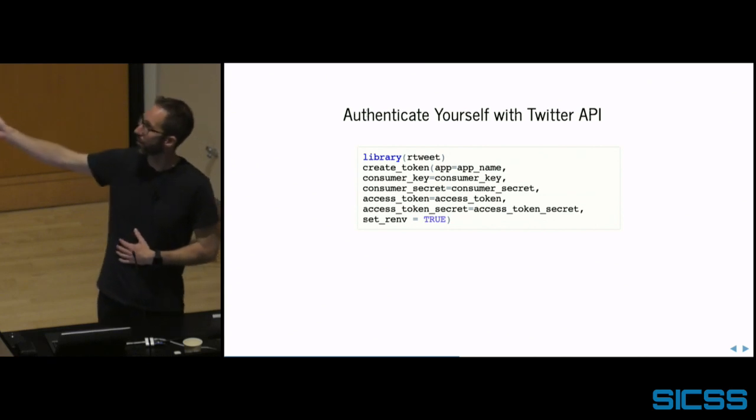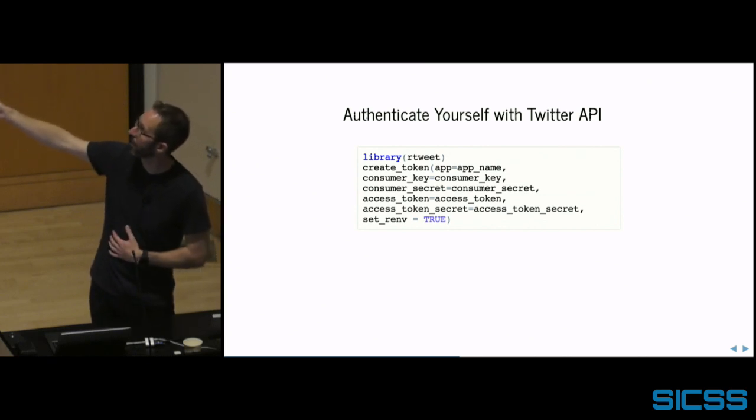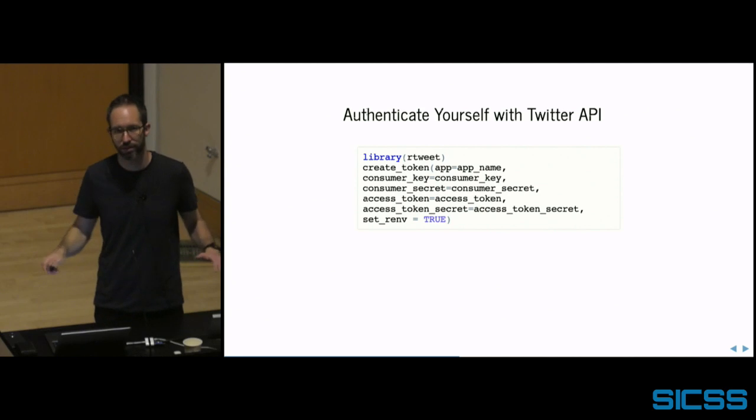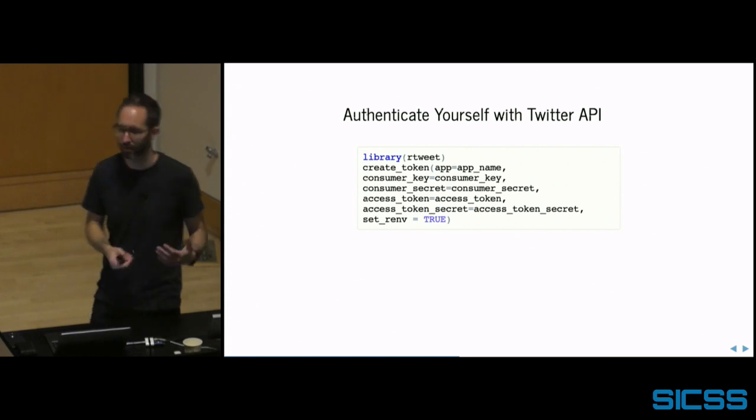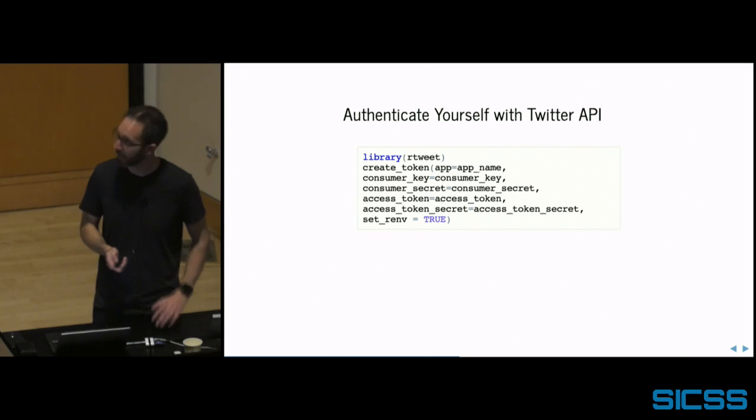If we don't take this crucial step of authenticating, we won't be able to do anything else. Every API call we make will result in some kind of authentication error. You might see the term OAuth or SSL. That's indicating you have not yet successfully authenticated.